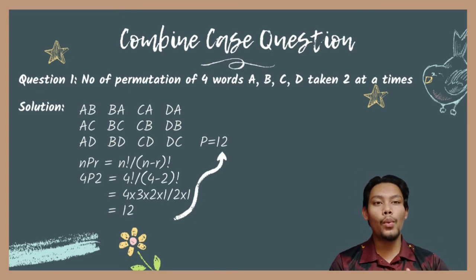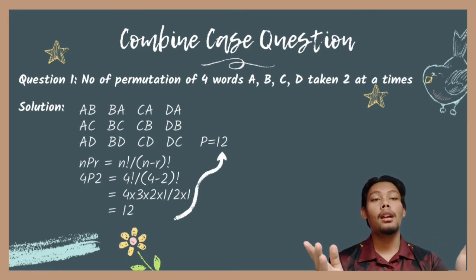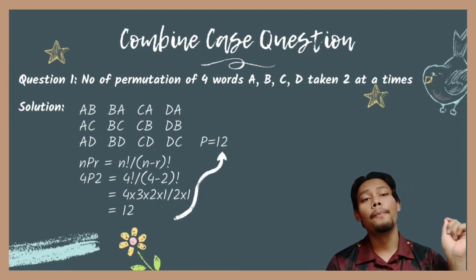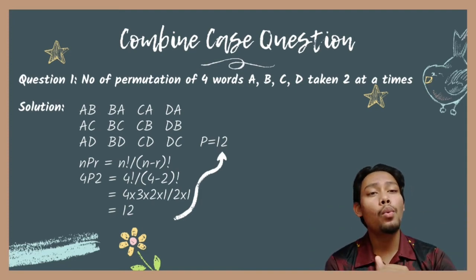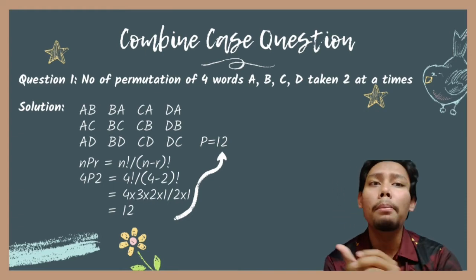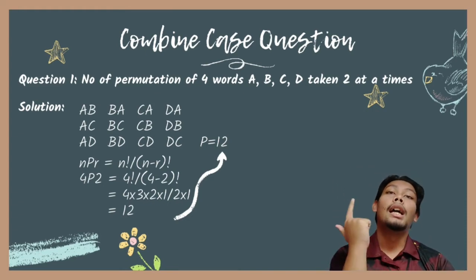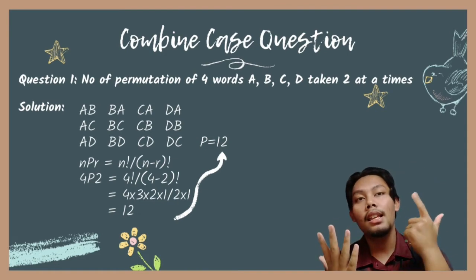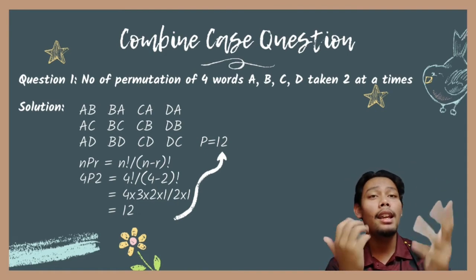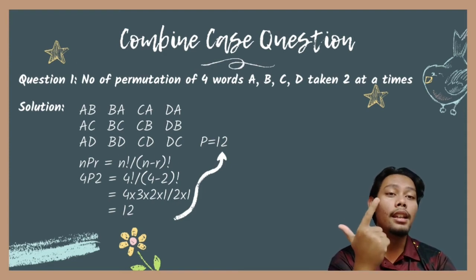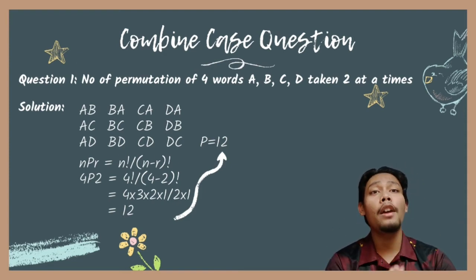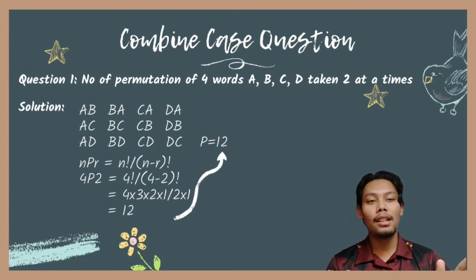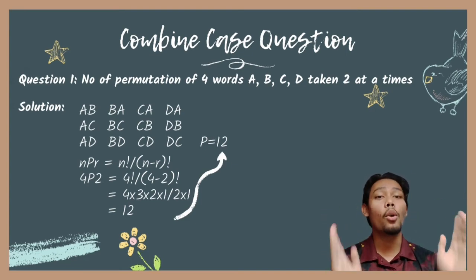How about we list the permutations that Ali might take: AB, AC, AD, BA, BC, BD, CA, CB, CD, DA, DB and DC. Overall we have 12 different permutations, but this is mathematics, so we need a calculation.